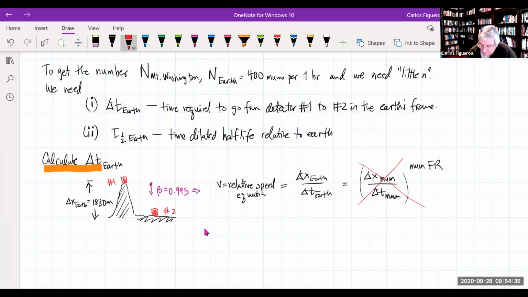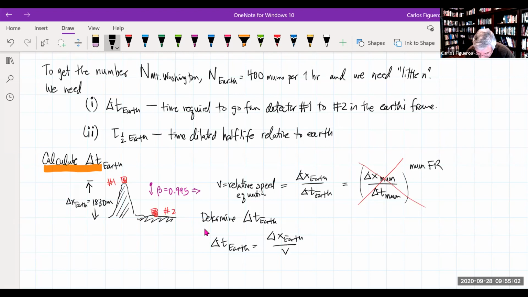I'm only going to focus on the Earth here. So then I could determine delta T of Earth, which is just the algebra over this relative velocity v here.